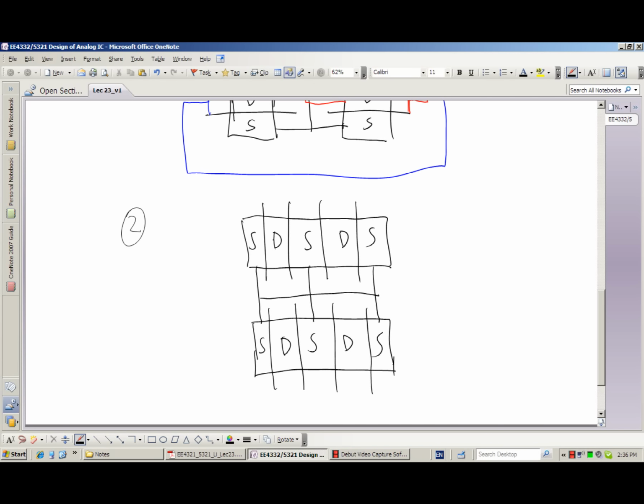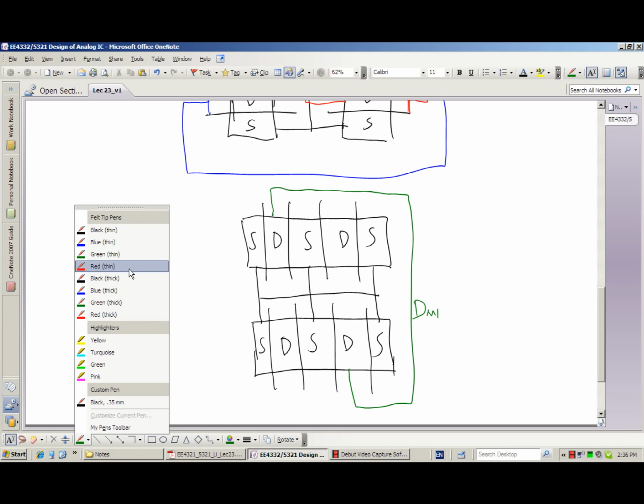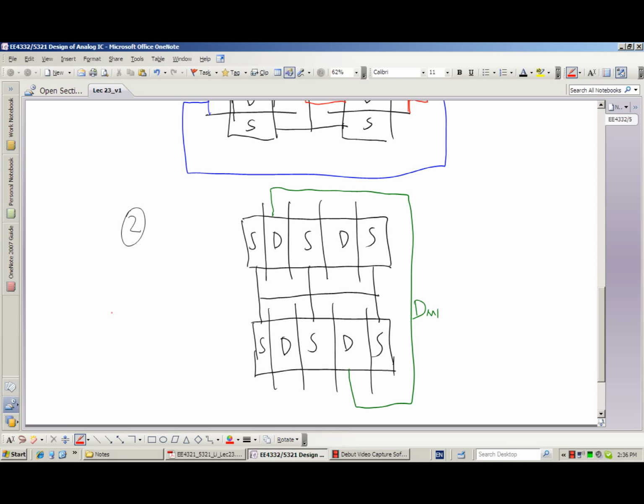And for the drain, those two transistors are half of M1, and those two transistors are another half of M1. So I'll use green color to get the drain of M1. So this is the drain of M1. And the other drain of M2. And now for the gates.